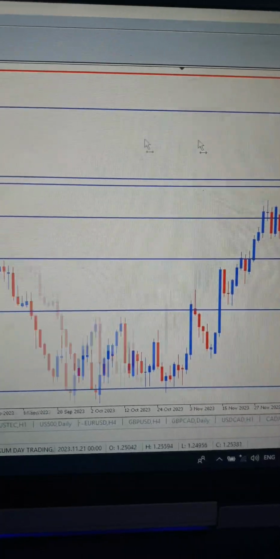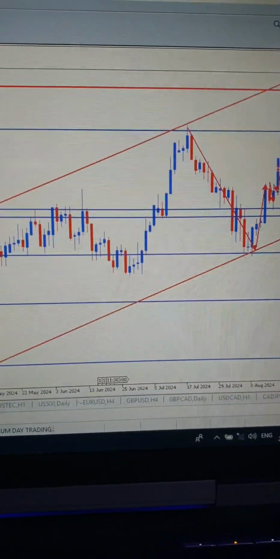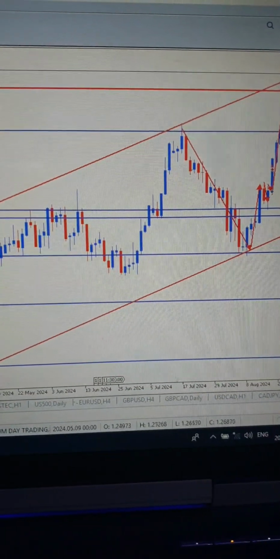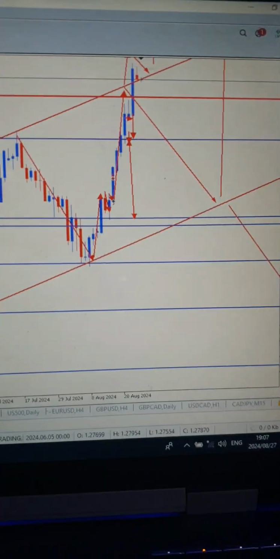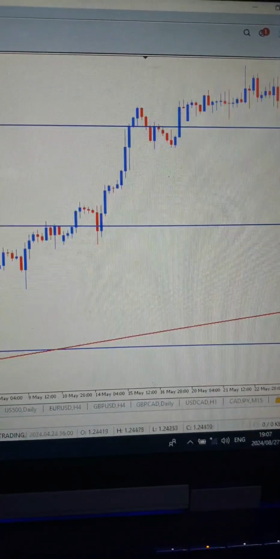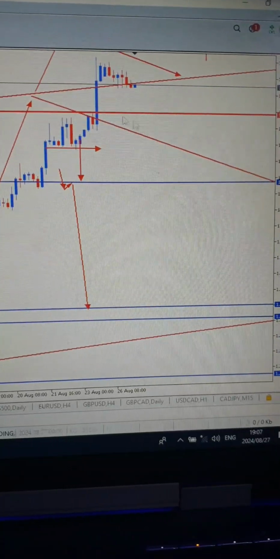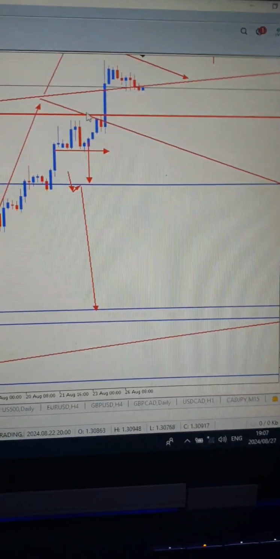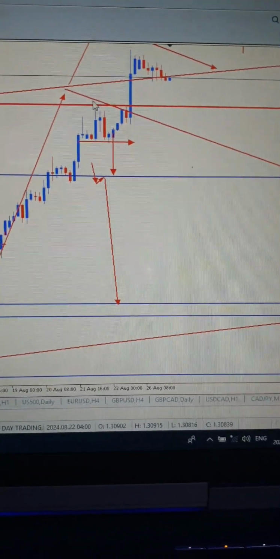So as it has broken my resistance level, I was expecting it to reach the next level, so I had to look for the next level and I plotted it.